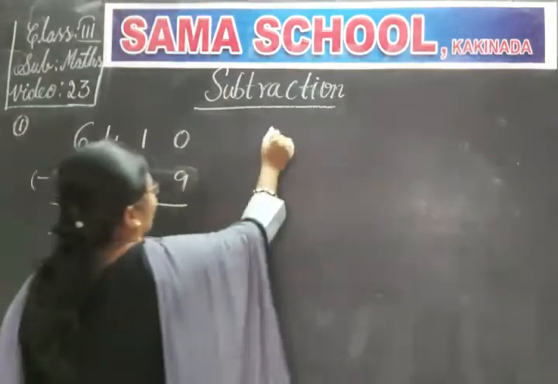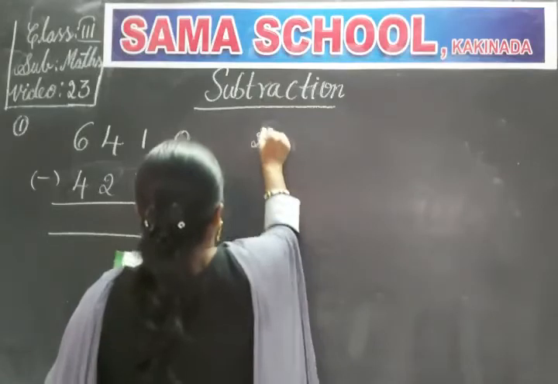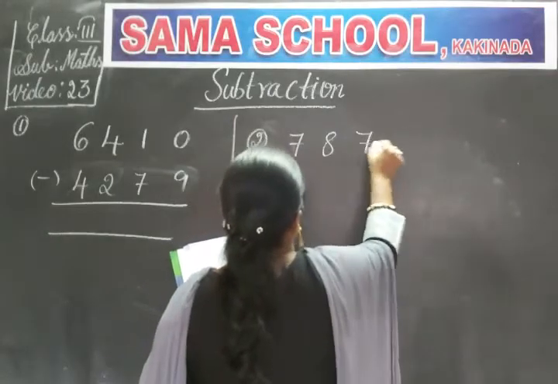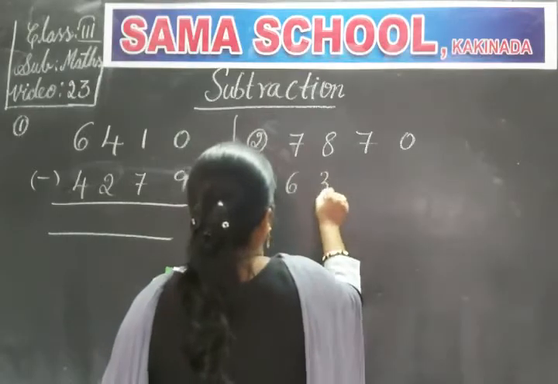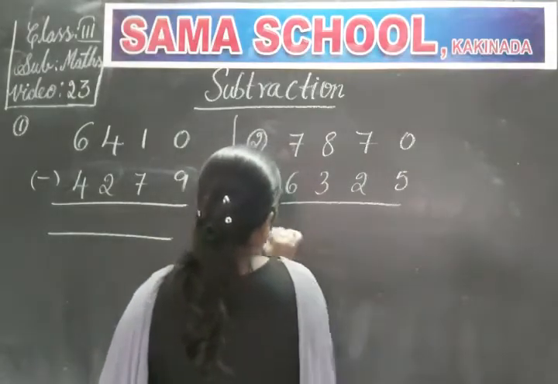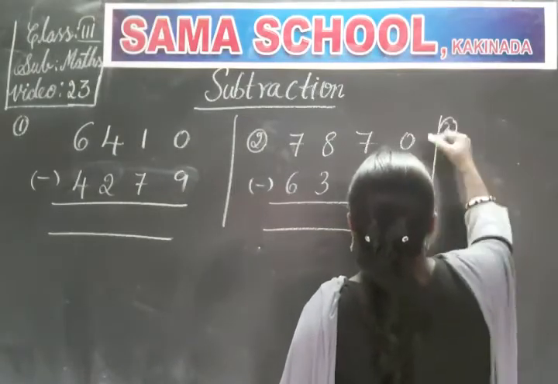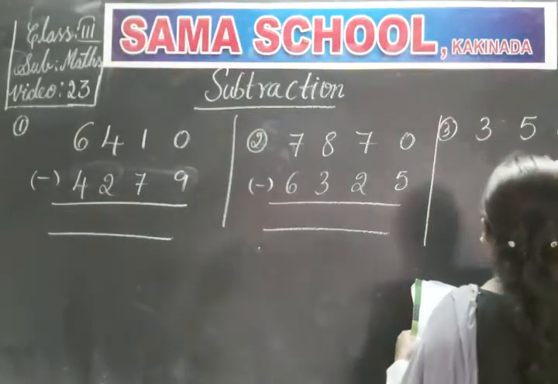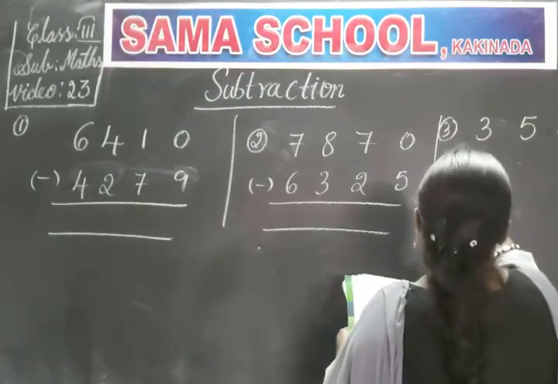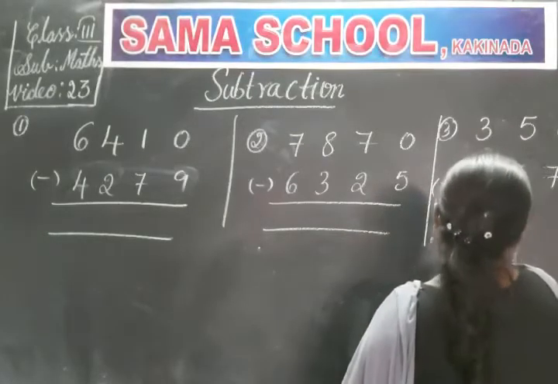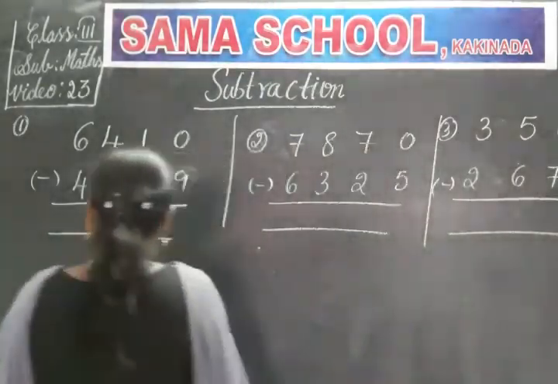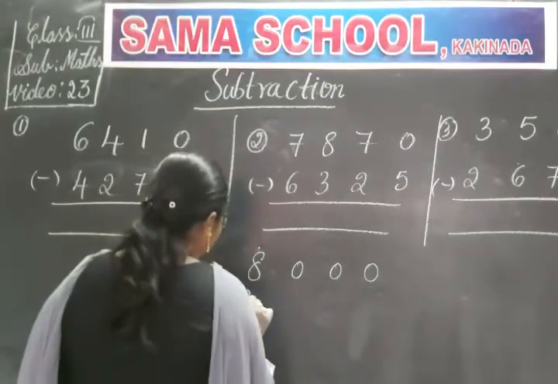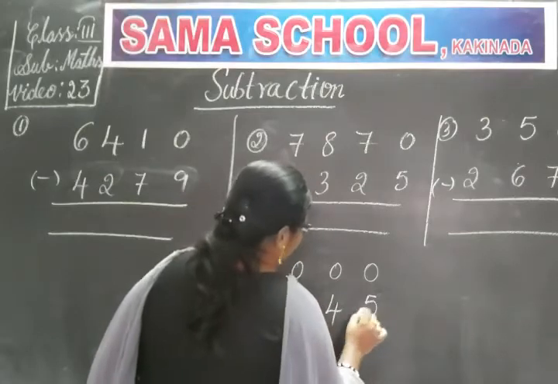This is the first one. 7870 minus 6325. 3561 minus 2678. 8,000 minus 3,945. Let's see this.